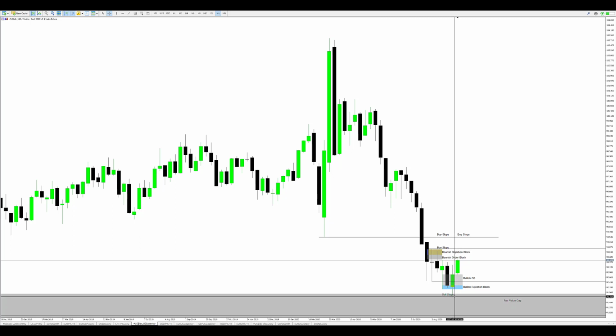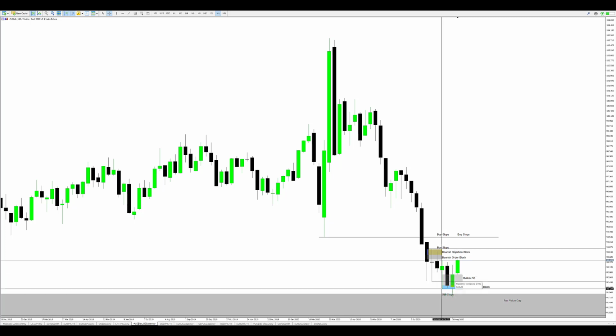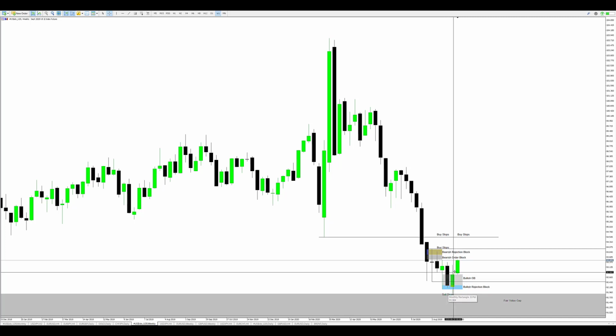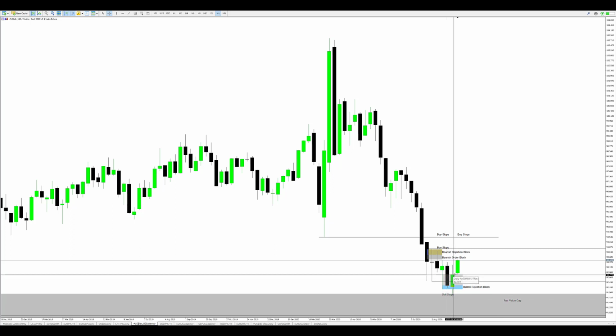We cleared those sell stops, dipped into our monthly bullish order block, then we rallied. Once you had seen this price action, this week dropped down as our last down candle, the following week we cleared the sell stops and rallied and closed above into the bullish order block on the weekly.